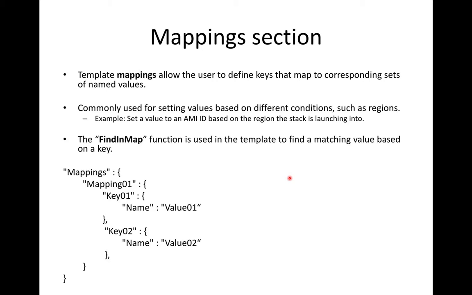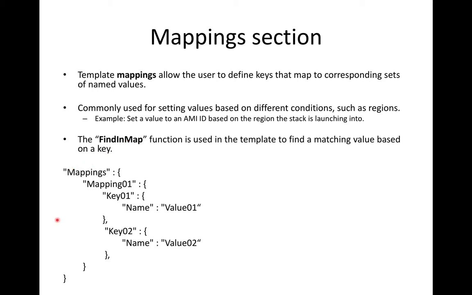That's probably the primary use case. The mapping that you set up is used in combination with the Fn::FindInMap function, and that allows you to find a value in the mapping based on the key.